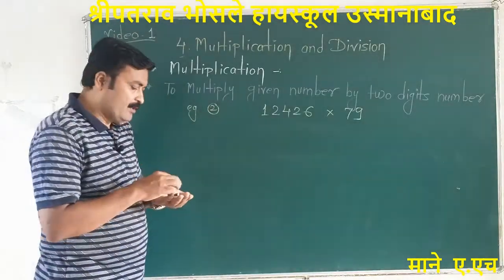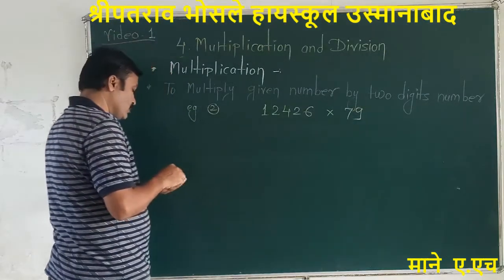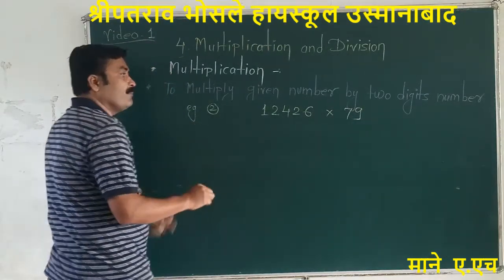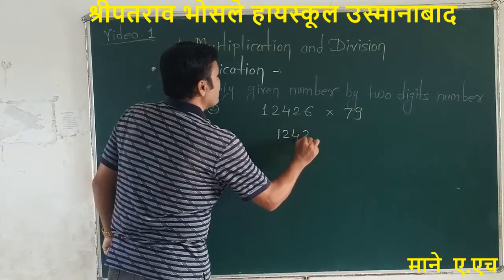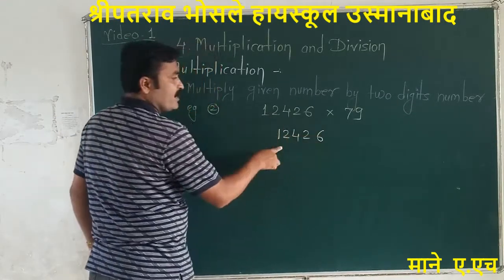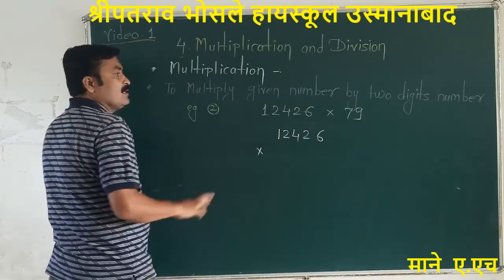Let's keep it on this green board. First I want to write both numbers in vertical method. 12,426, the first number, I put here, then take the multiplication sign.